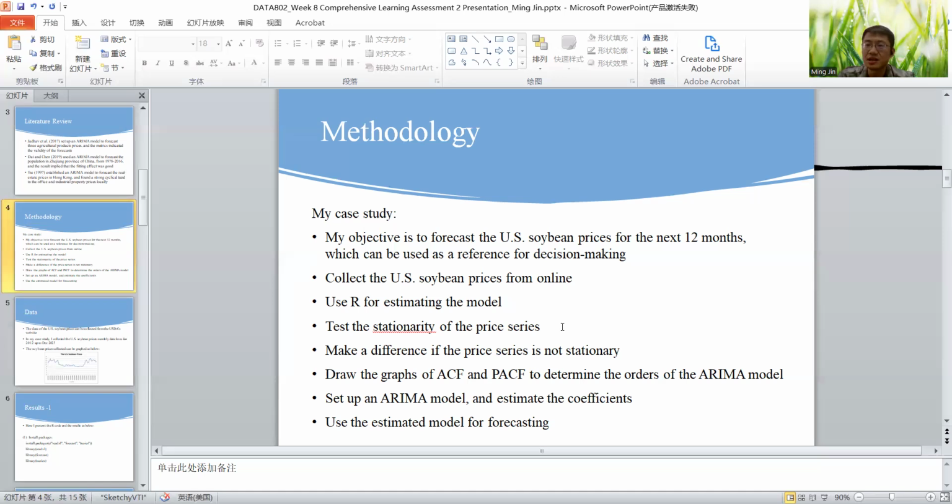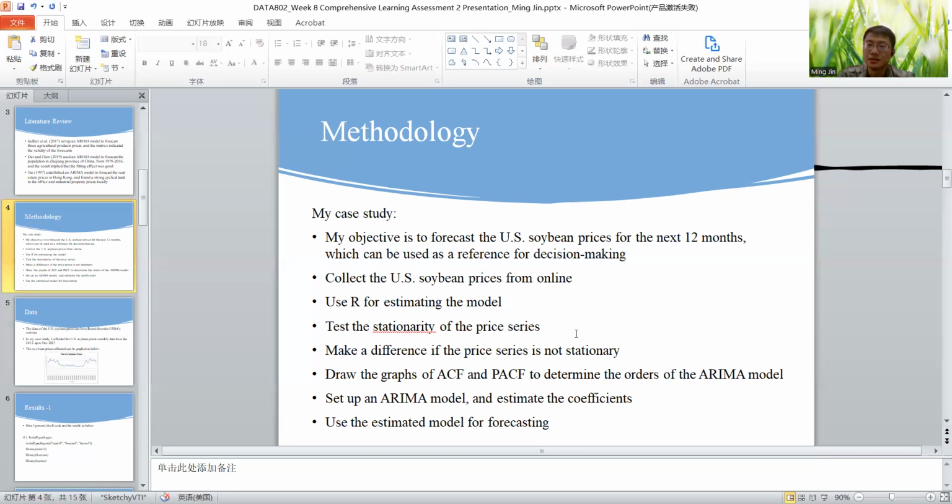This is very important as only a stationary price series can be analyzed. So next, if we find that the price series is not stationary, then we need to take the first order difference of the series and then test the stationarity of the differenced series again to see whether it is stationary.